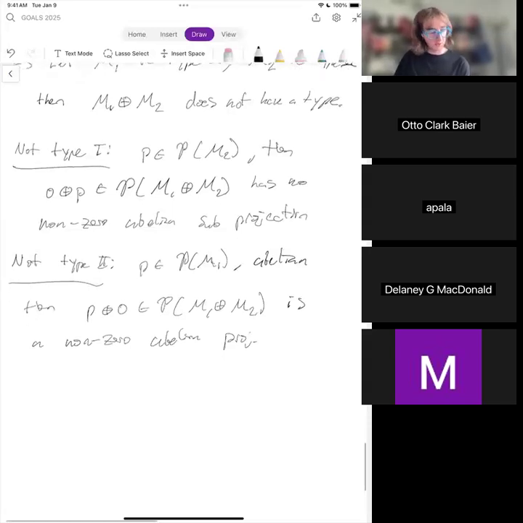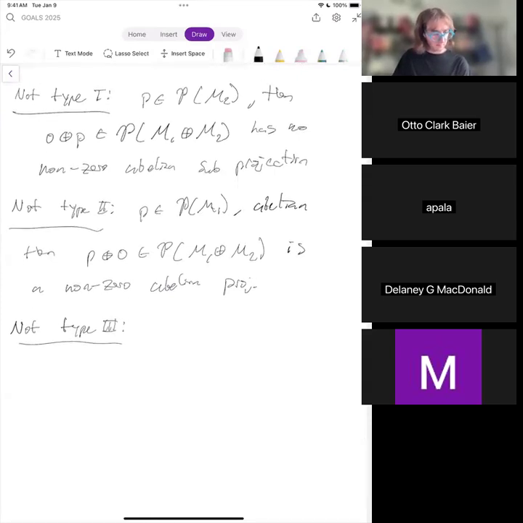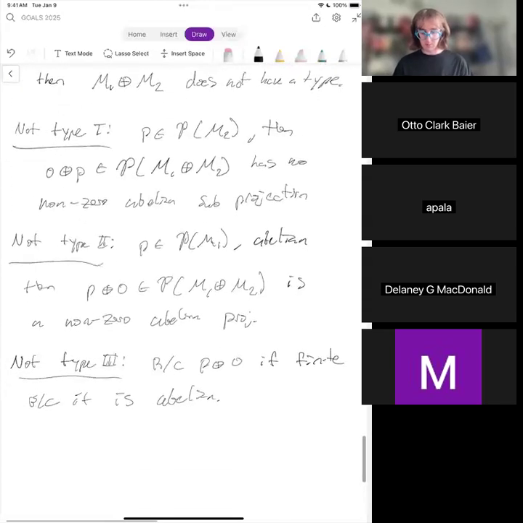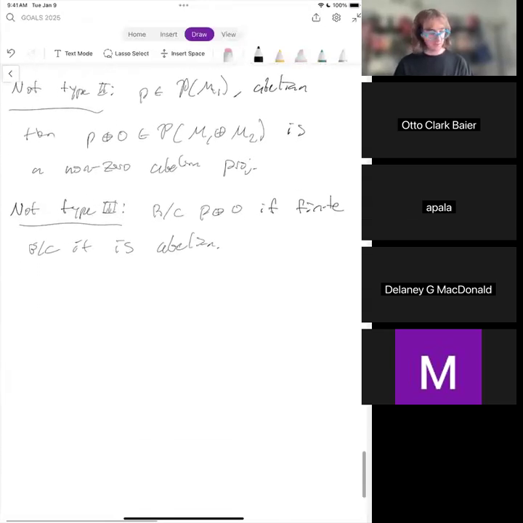So it can't be type 2. And it's also not type 3, because the same P direct sum 0 is finite by virtue of being abelian. So M1 direct sum M2 is not type 1, type 2, or type 3.